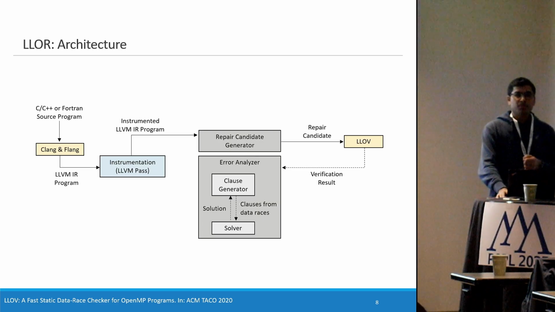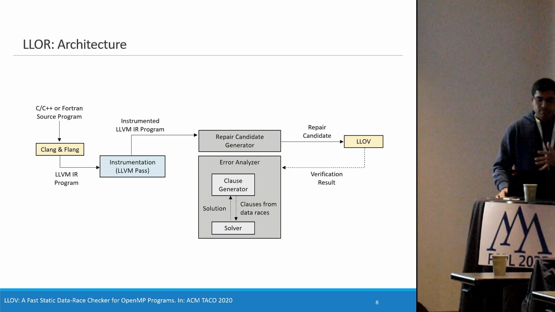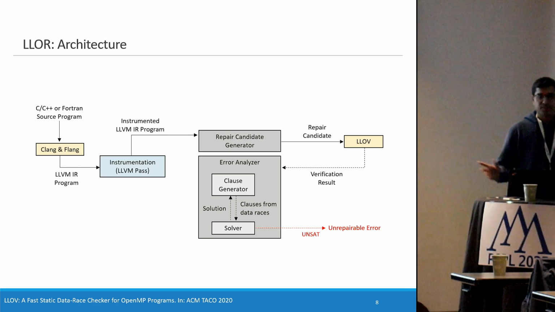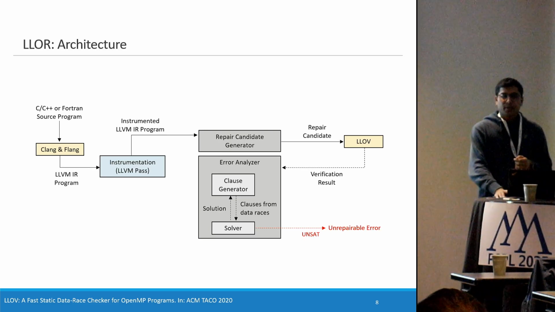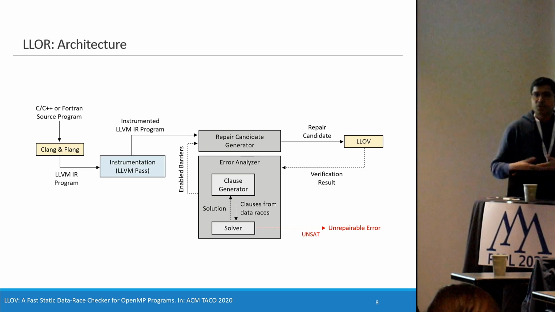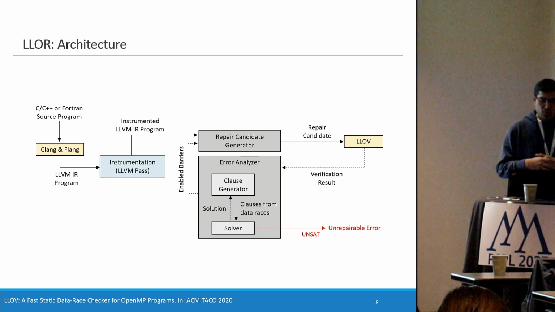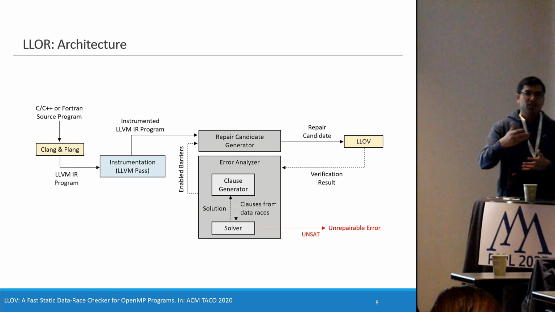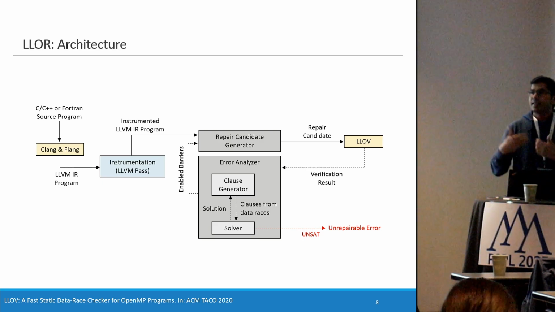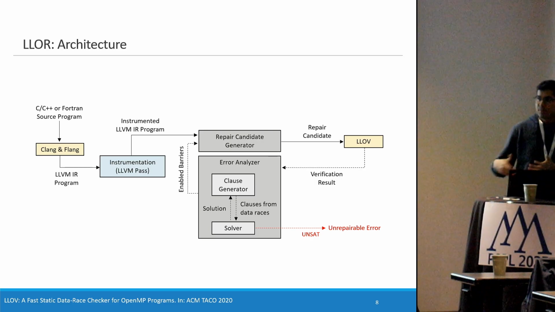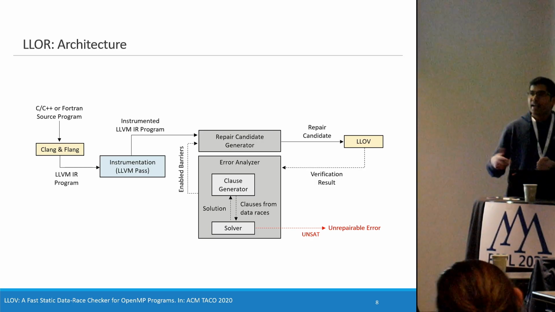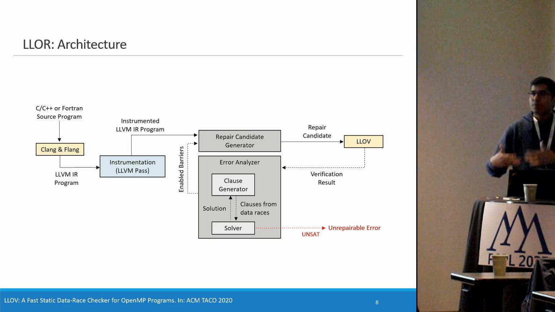If the solver says that the clauses are not satisfiable, we say that the program cannot be repaired. But if a solution exists for the clauses, we send it to the repair candidate generator again. It takes the solution, enables those barriers, and generates a new repair candidate, which it sends to the OpenMP verifier.